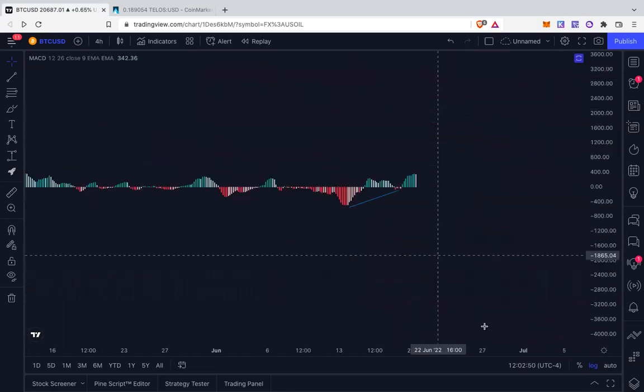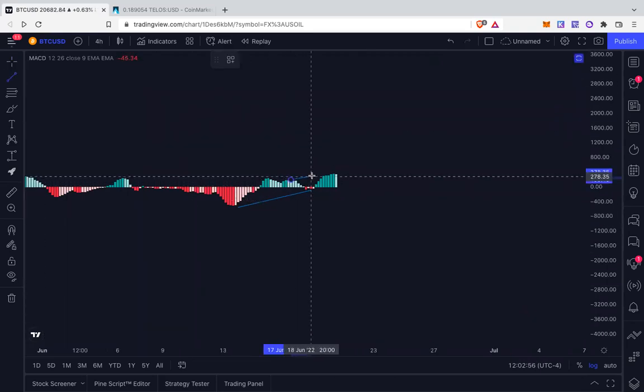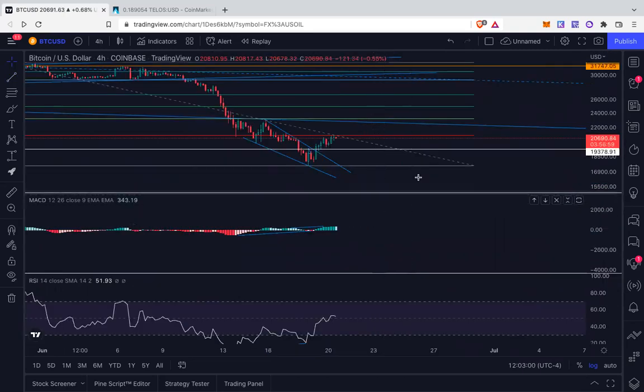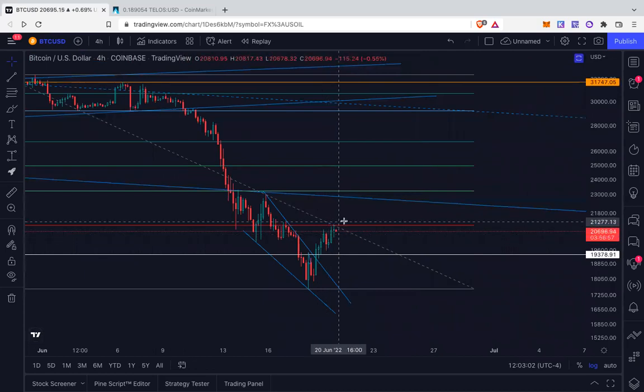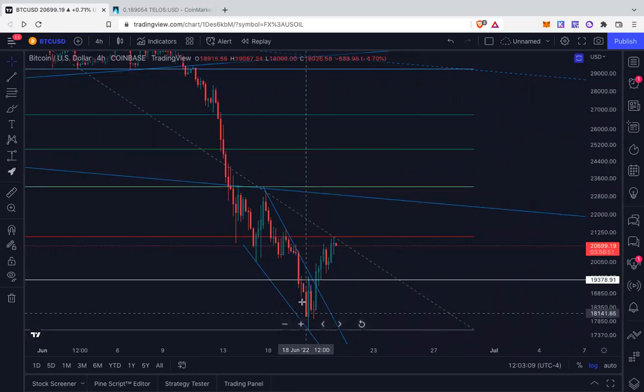You did have some 4-hour bullish divergence that's starting to play out. You're actually starting to create some hidden bear divergence if you start stalling here, so that's something you've got to watch out for. You did hit 382, which is signaling that this is potentially a bottom.